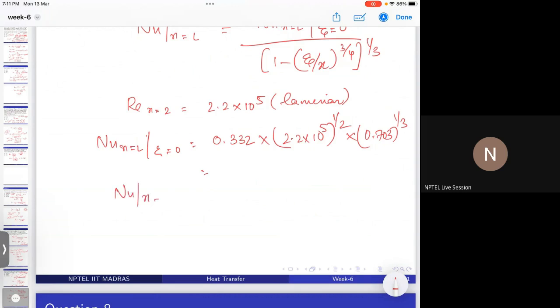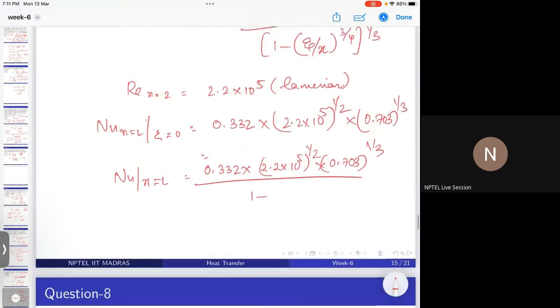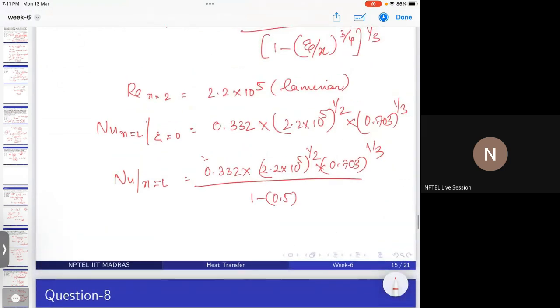Nu at x is equal to L with unheated length is 1 minus epsilon by x, x is L here. So it is 1 by 2 minus 1 by 2, it's 0.5 raised to 3 by 4 to 1 by 3.